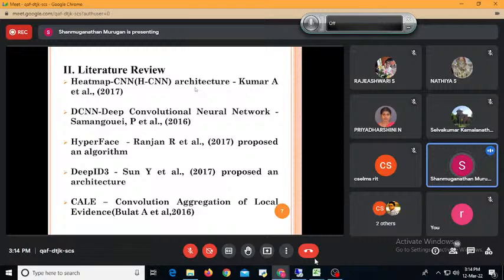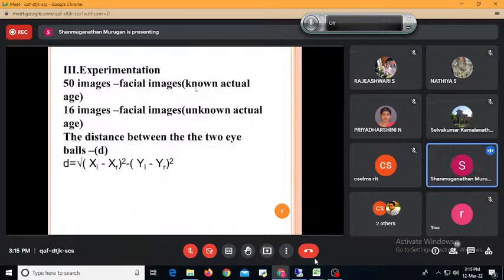So these are the widely used algorithms. Even deep learning techniques were widely used, and the result was also appreciable. Conventional aggregation of local evidence was one method proposed by Butel A et al., 2016. It also gave an appreciable result.